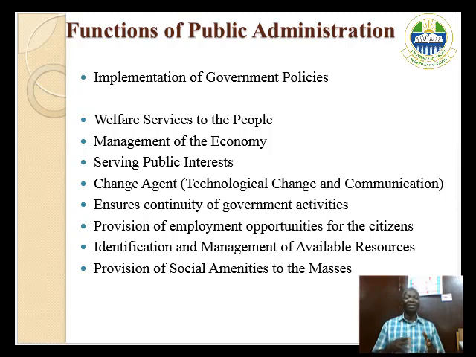Then we also talk about serving the public interest. The government is there to do what? To serve the interest of its citizens. We are talking about the change agent, like we have said, technological change, and communications too. The government ensures the continuity of government activities. We have said that. We have also talked about employment opportunity, the management of resources, then the social amenities.